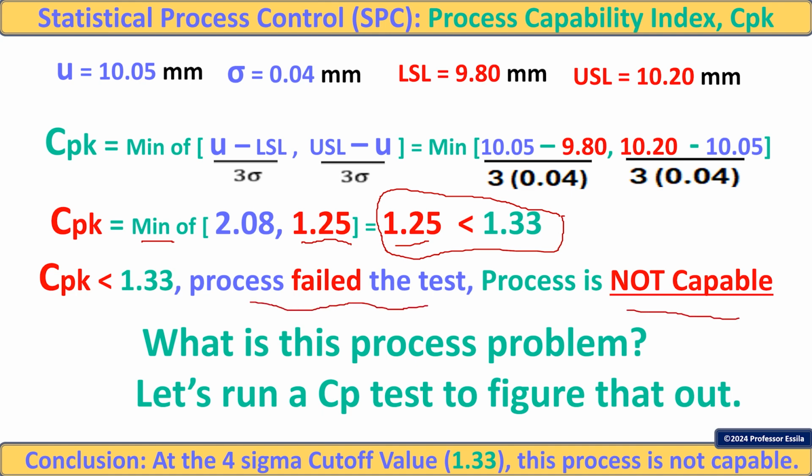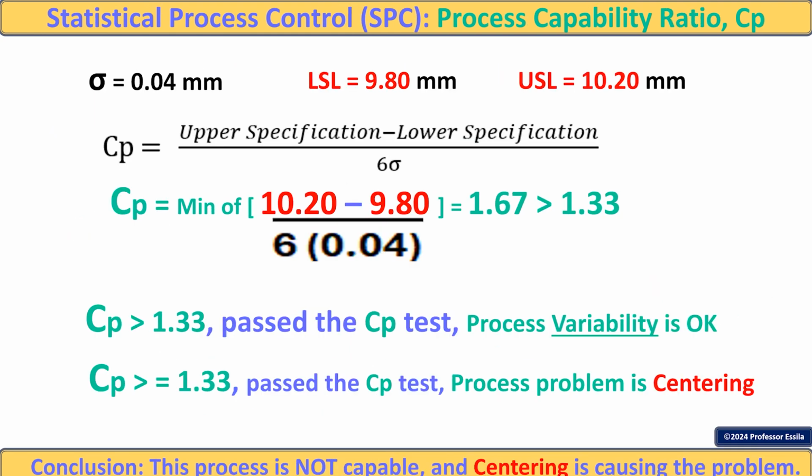Now that the process failed the Cpk test, we want to figure out what is wrong with that process. So we run our process capability ratio test. We calculate our process capability ratio, and the result is 1.67, which is higher than 1.33.